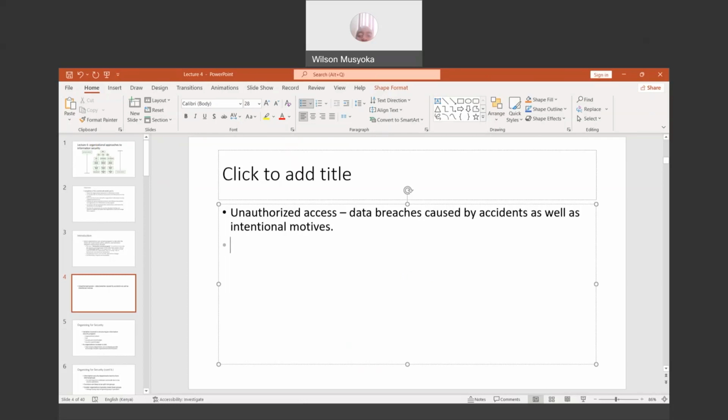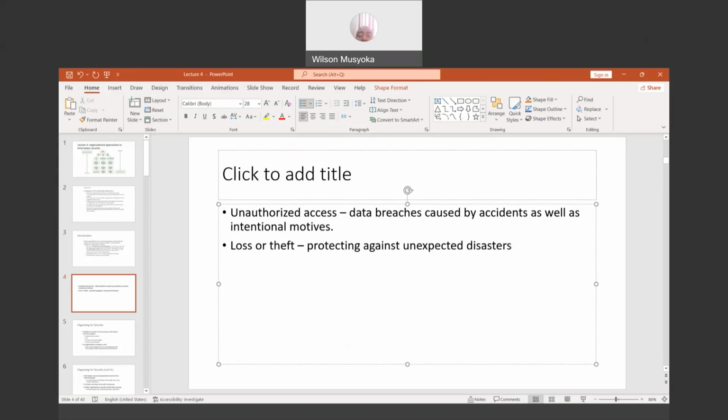When we are looking at loss or theft, then we are talking about protecting against unexpected disasters.